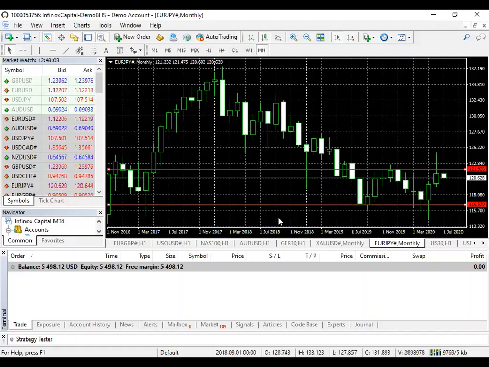Okay, so the monthly chart has given me general direction, and I have my idea. Now, what I use the monthly chart for is not to pick my trades, it's just to pick my trend. What's the trend of this pair? Where is it going? I can see now that it's going down, and it's around a resistance area, which is strong, because resistance on a higher time frame is always stronger than resistance or support on a lower time frame.